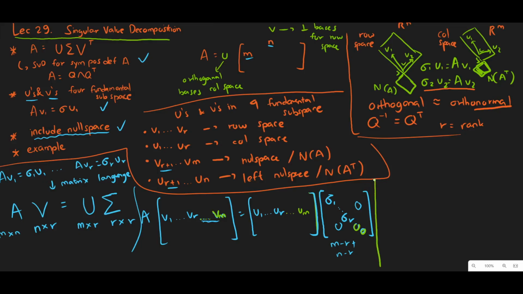So now the dimensions change. If we include the null space components, then we will have the A. Let me do it here, because this is such a nice comparison.